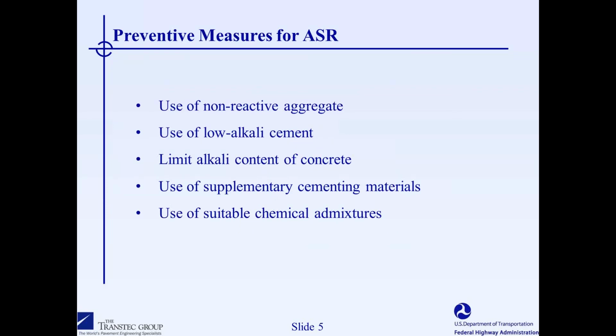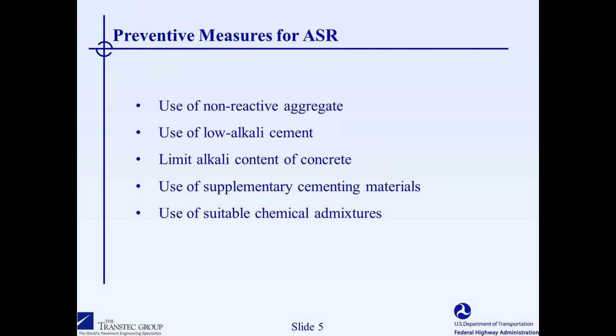So when we look at our preventive measures for alkali-silica reaction, they fall into broad categories. The first and perhaps the most obvious choice is to use non-reactive aggregate. In other words, that would be aggregate that didn't contain a sufficient amount of reactive silica to make it deleteriously reactive. Numbers 2 and 3 kind of combine. They're both to control the alkali content of the concrete.